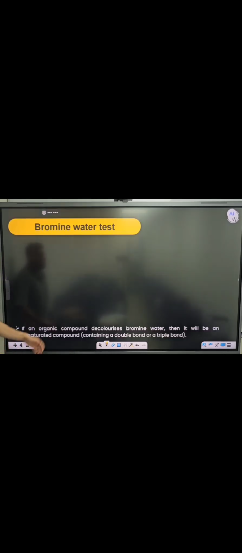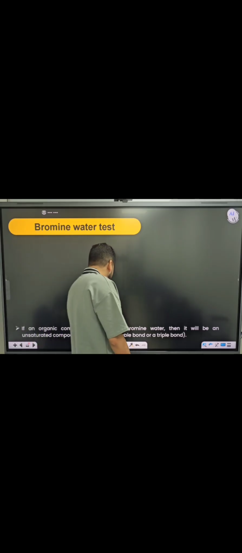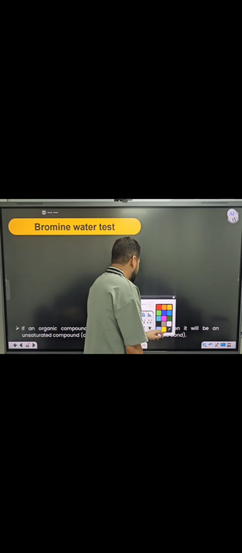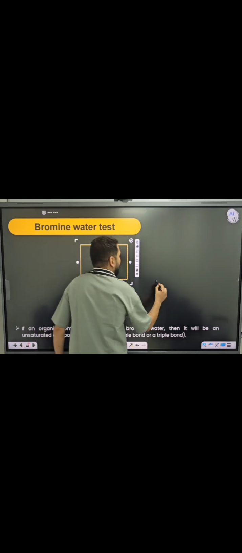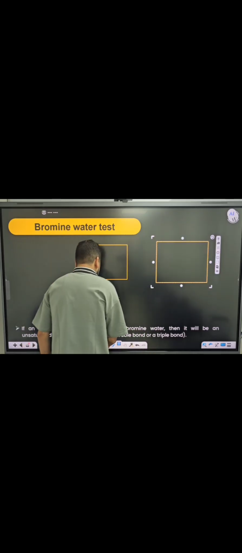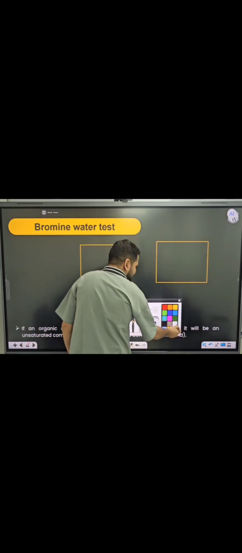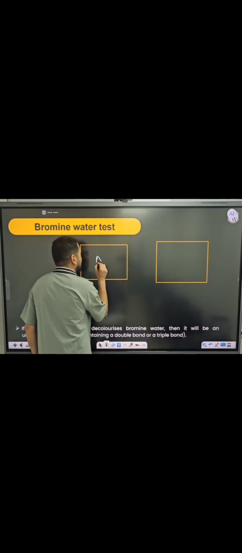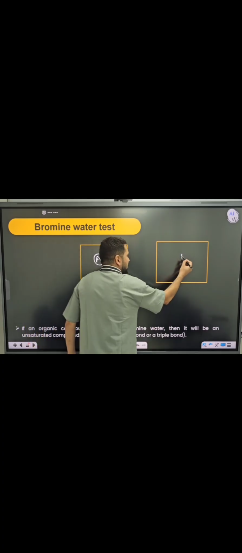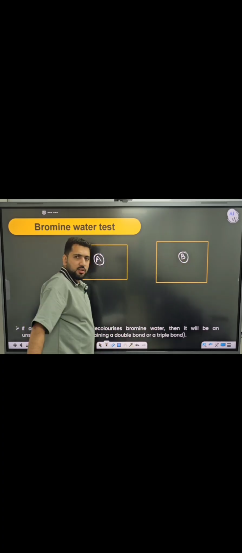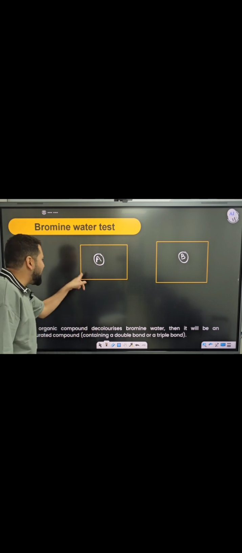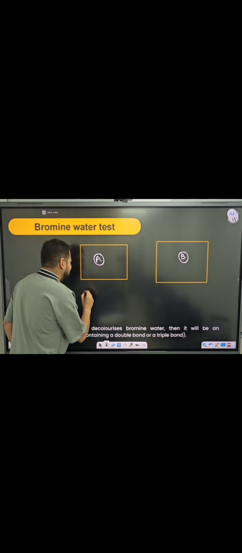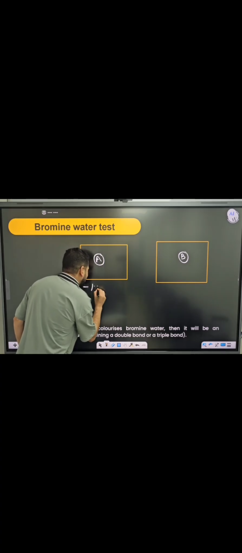Now guys, imagine that there are two containers. This is container number one, and I have one more container. In this container I have kept compound A, and in this container I have kept compound B. Now how can they ask you a question in the examination? You have to identify which compound contains a single bond and which contains a double bond.